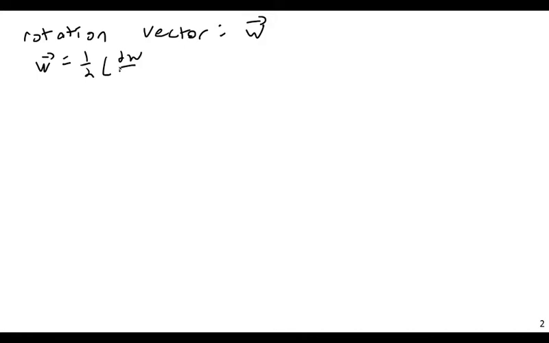And if I look at the rotation vector, the rotation vector is equal to 1/2 times the partial of w with respect to y, minus the partial of v with respect to z, all of this times i, sort of a cross product thing going on here, plus the partial of u with respect to z, minus the partial of w with respect to x, times j.